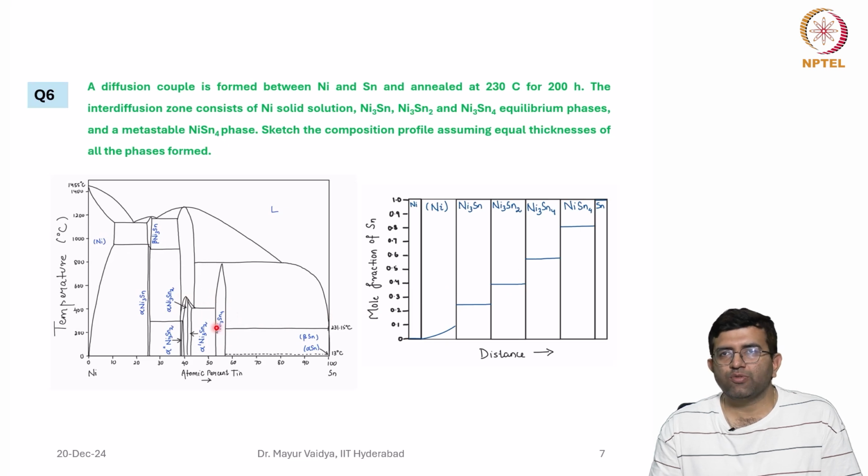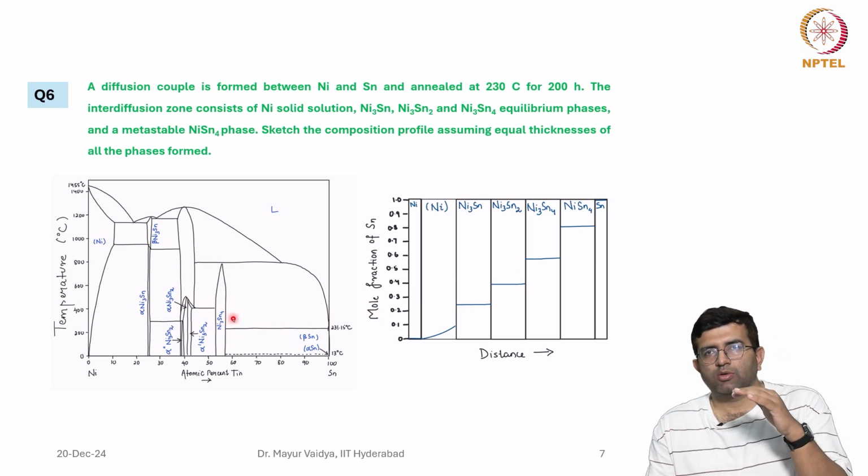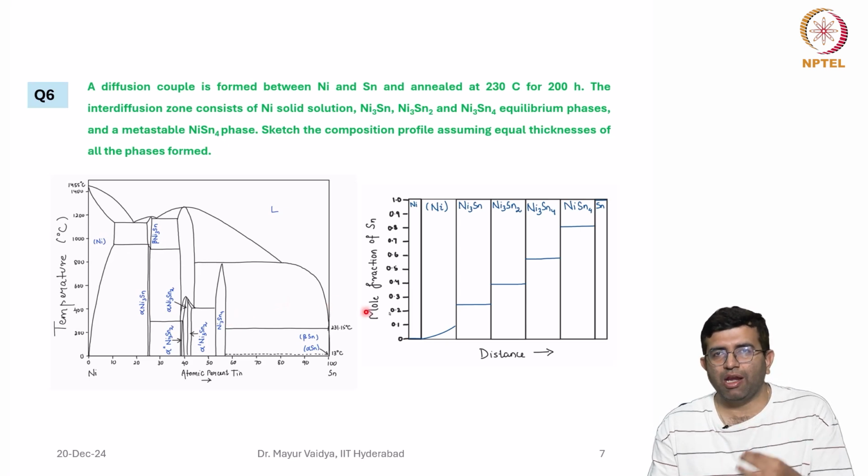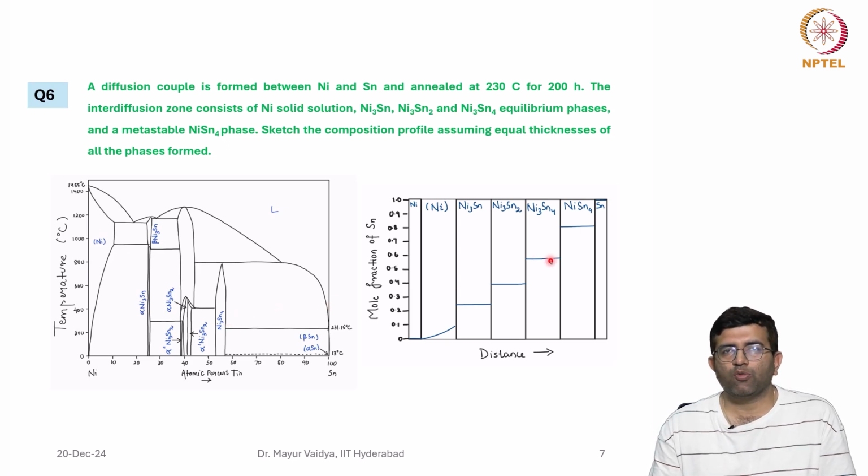Although Ni3Sn4 is something which sometimes gives a horizontal profile, potentially it can also give you a slight gradient. But for the sake of easier understanding, we have kept it horizontal. If you draw a slight gradient also, it is okay. And then NiSn4, please pay attention here that it's a metastable NiSn4 phase.